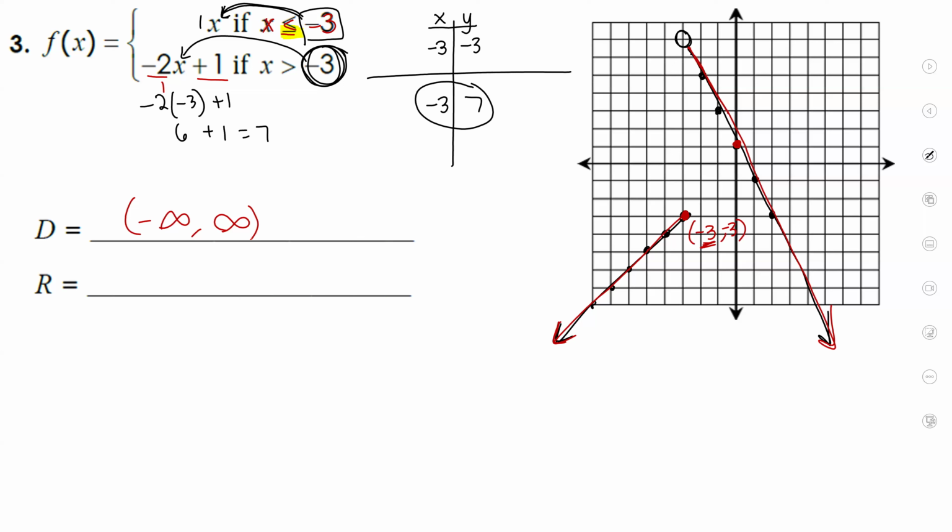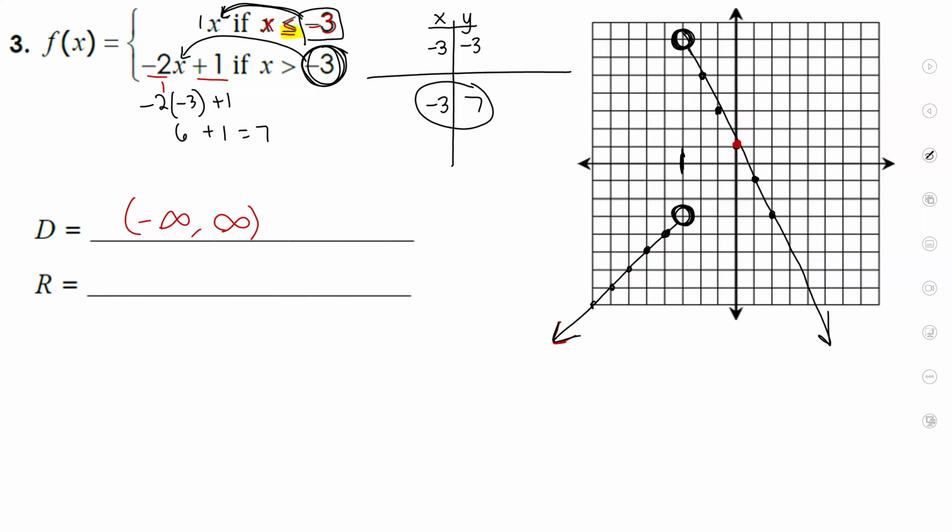Now, let's talk about something else. Guys, look, before you get lost. Let's pretend that this was an open circle at -3. This is open, meaning you can't equal -3. If you have only open circles at a number, no closed circles, that means you can't equal -3 at all.